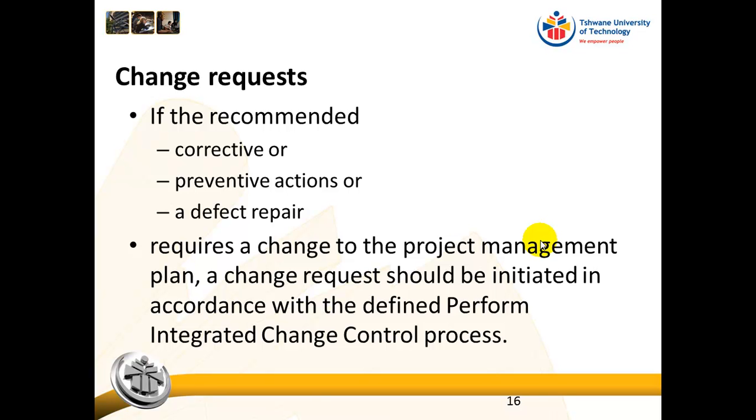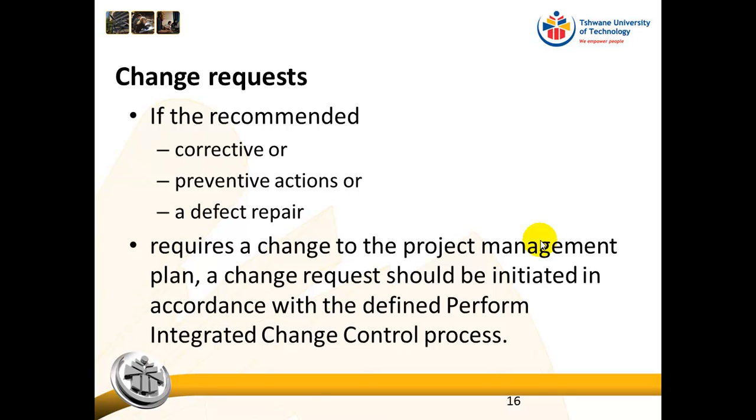So this requires a change in the project management plan, because remember our original project management plan, for example, said in the checklist, measure the diameter of the pipe, and now when we have done quality control, we see it's not just good enough to measure the diameter of the pipe, we also have to measure the length of the pipe.